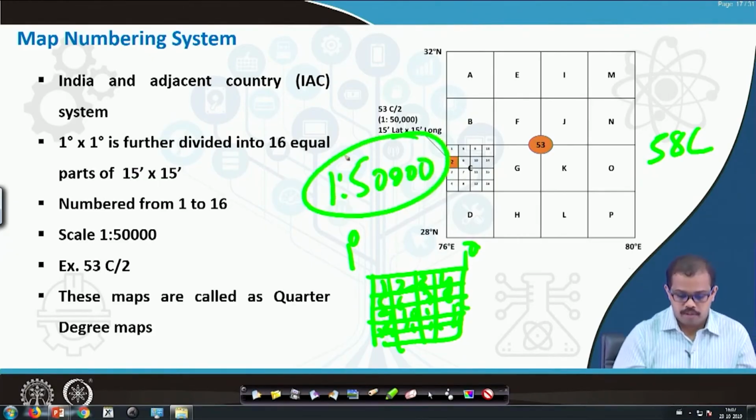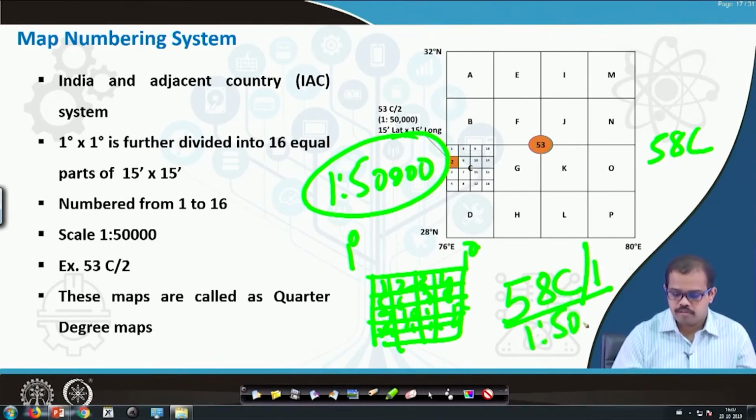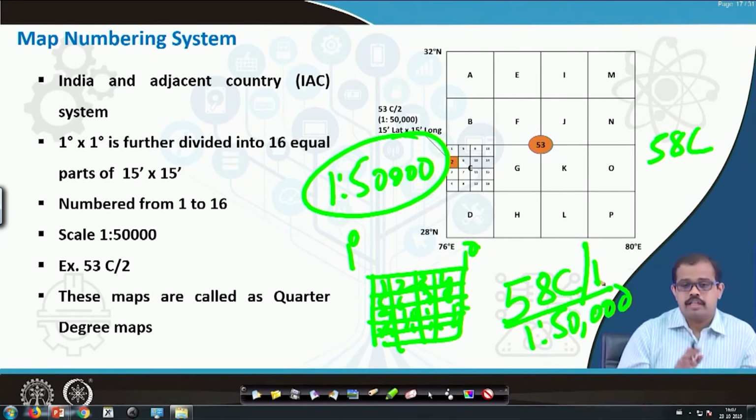If someone represents 58C/1, this means to say this is a 1:50,000 scale map, or it is called a quarter degree map. It is extremely useful when you are using it on a city scale. It is called a quarter degree map.